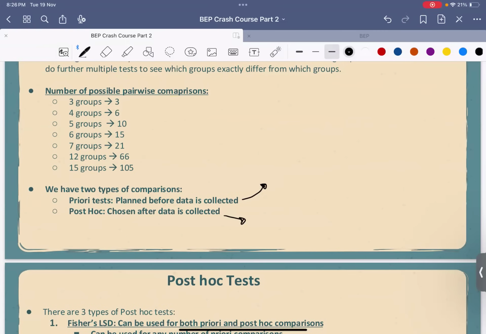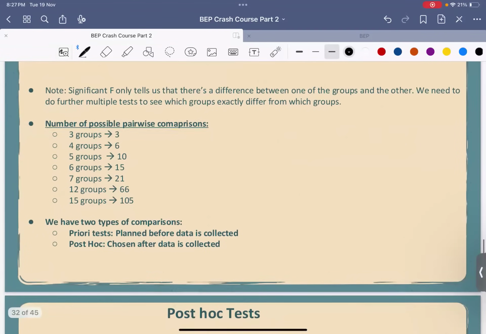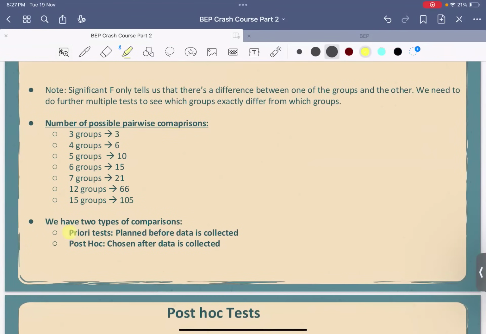Now that I see that there's a difference between the groups, whether it was A and B or A and C or B and C, I don't know. So let me make new hypotheses: there's a difference between A and B, or there's a difference between A and C. So I start doing post hoc tests in order to see that. You don't need to know the part I said in the end. Just know the definitions. That's more than enough.